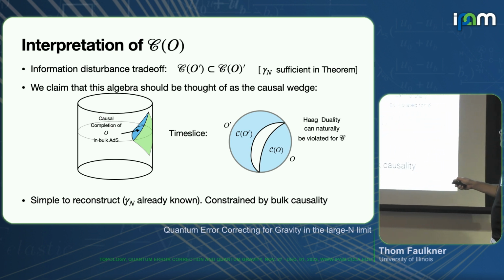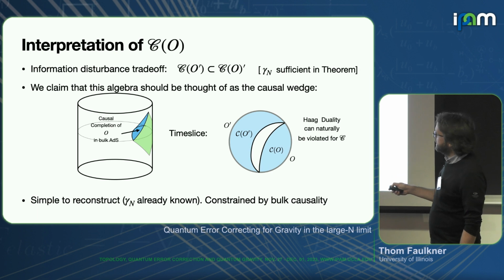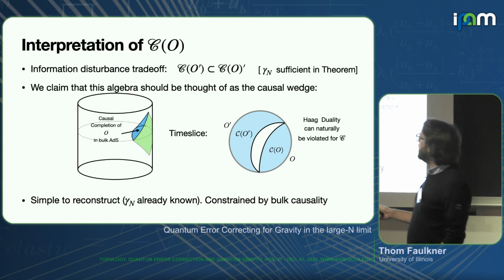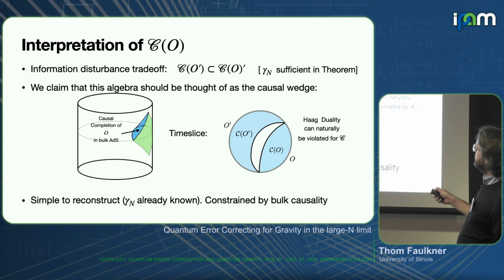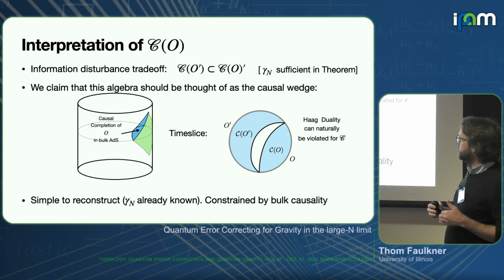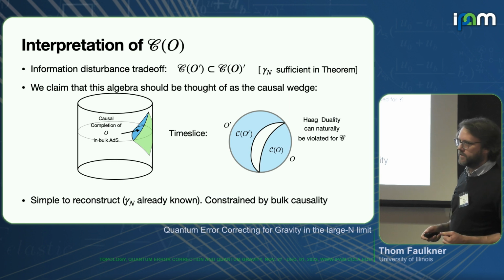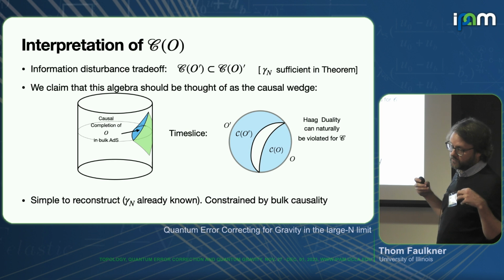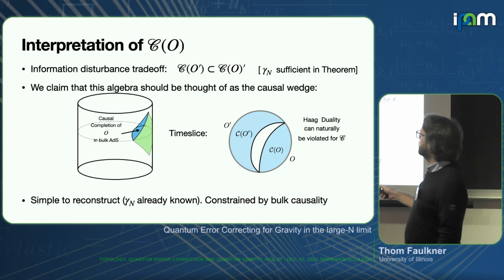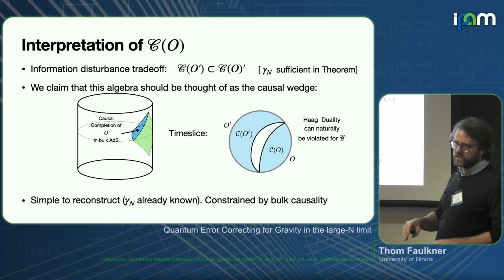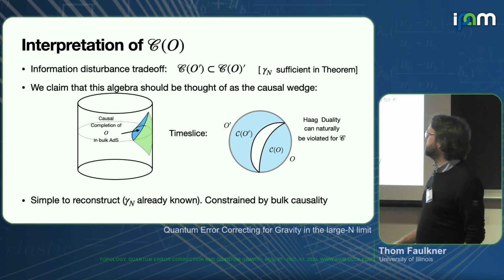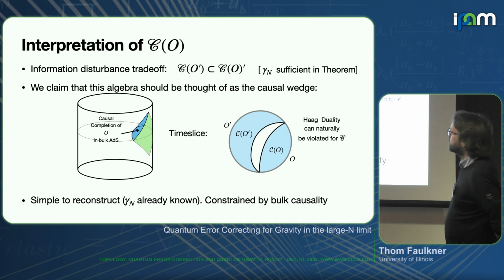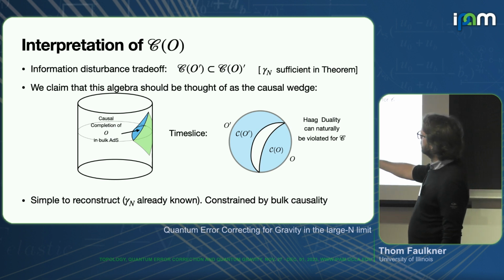And I claim that the von Neumann algebra of quantum fields in that region is this C of O. One way to think about it is that it is a von Neumann algebra, so it should be associated to a causally complete region, with respect to the code Hilbert space. And the code Hilbert space is quantum fluctuations on some bulk spacetime, so it respects bulk causality. That means you should get a causally complete region in the bulk.